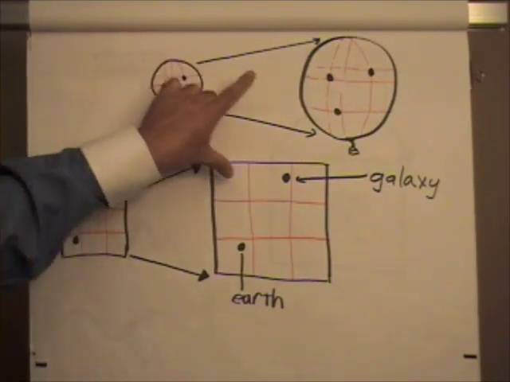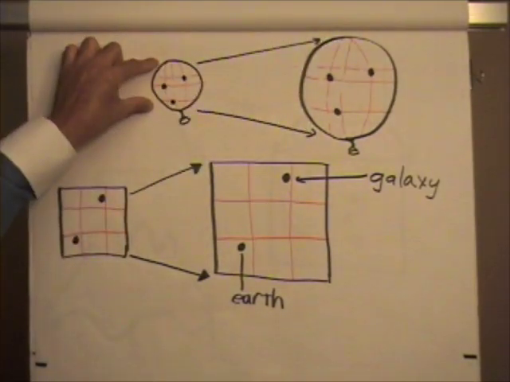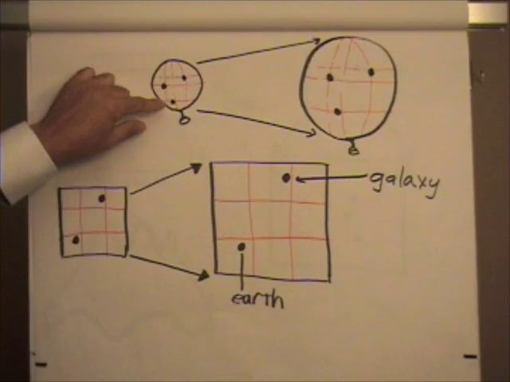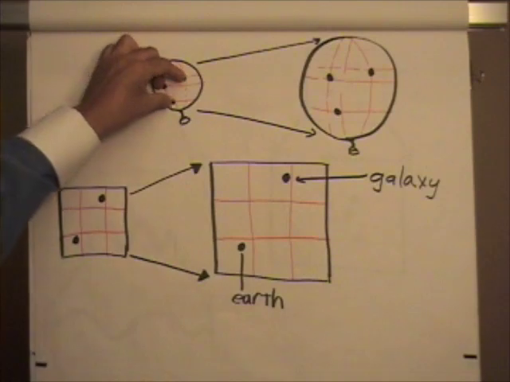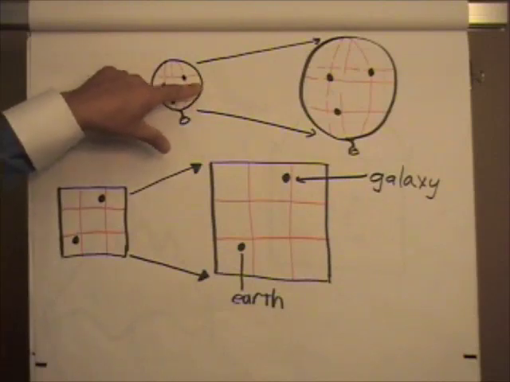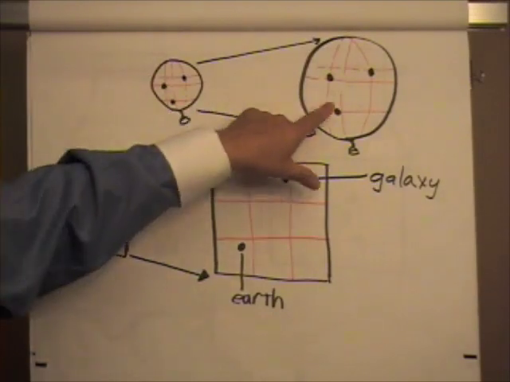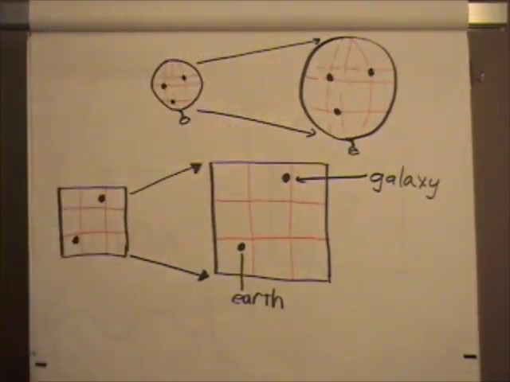As space expands, here we're using the well-known balloon analogy, the distance between objects like the Earth and the distant galaxies also expand, even though their positions on a co-moving coordinate system remain the same.